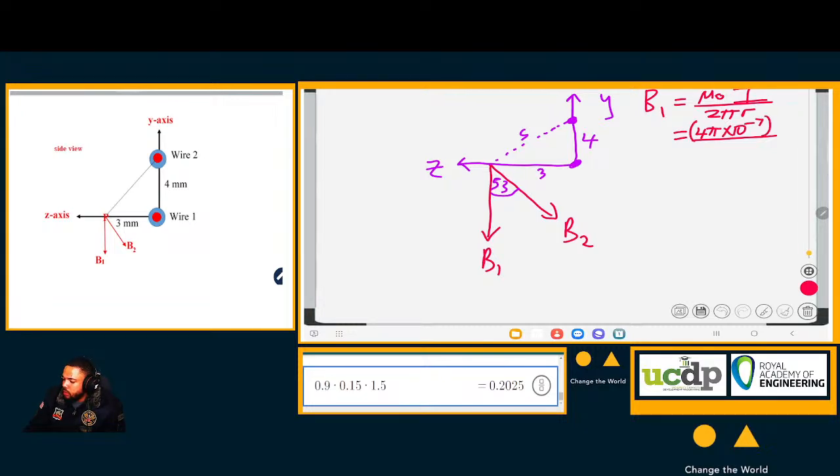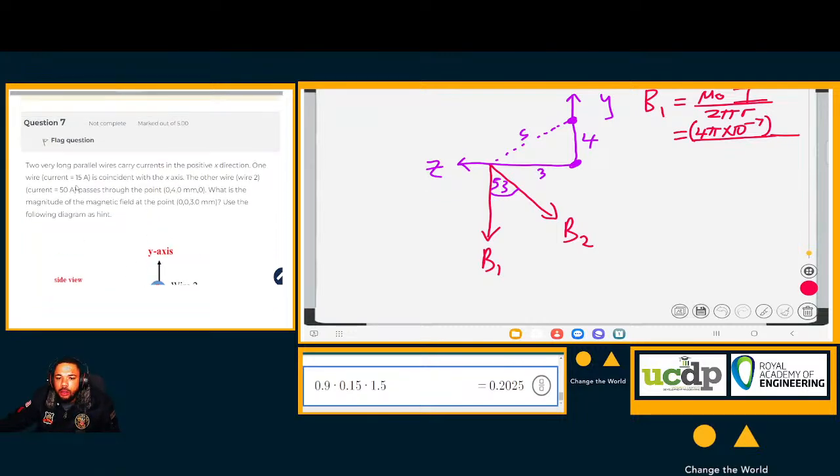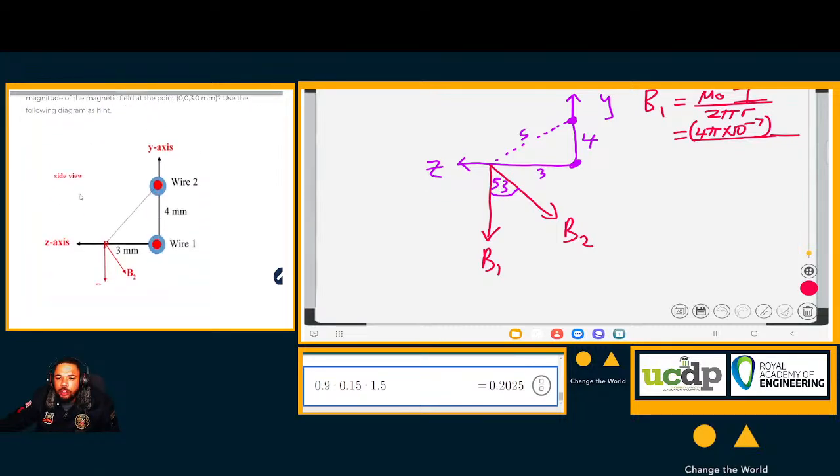What's the current in the wire? For wire 1, let's look at the problem. The current is 15 amperes.